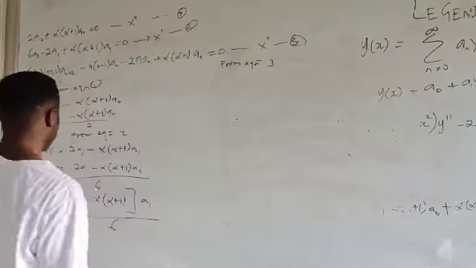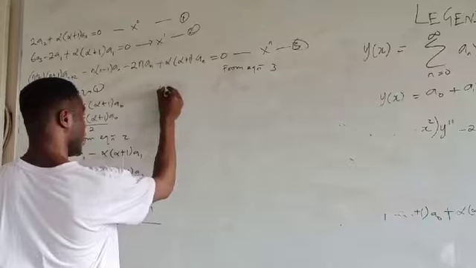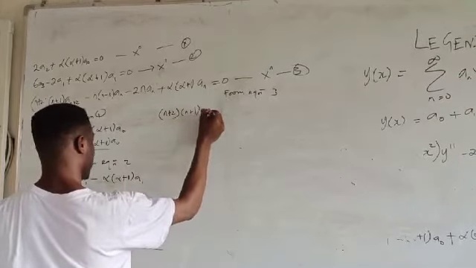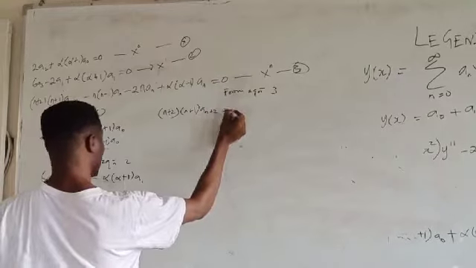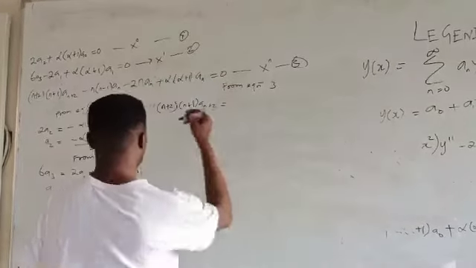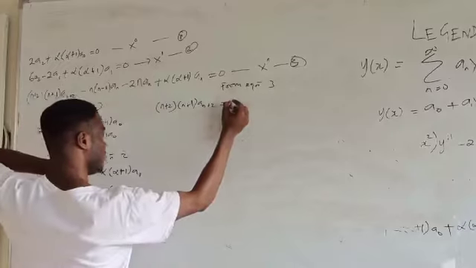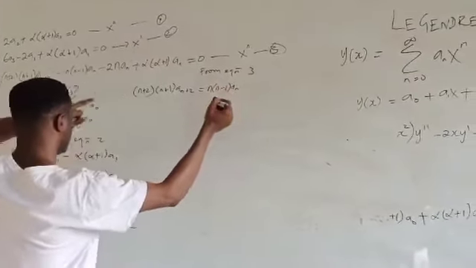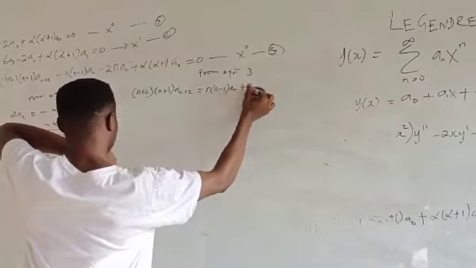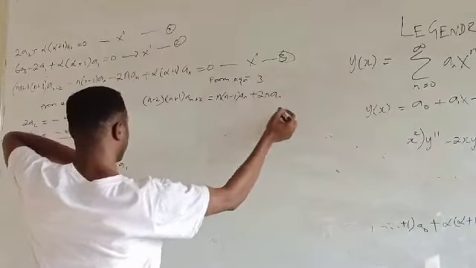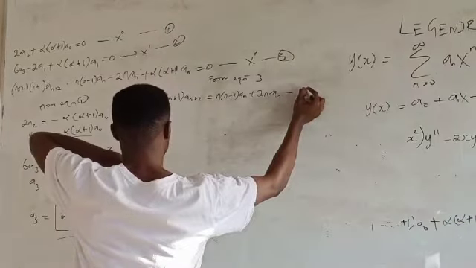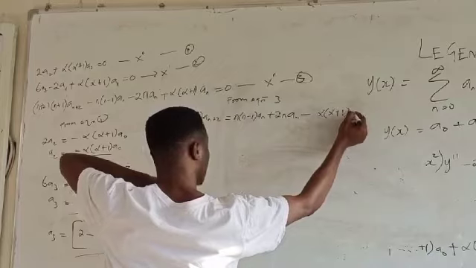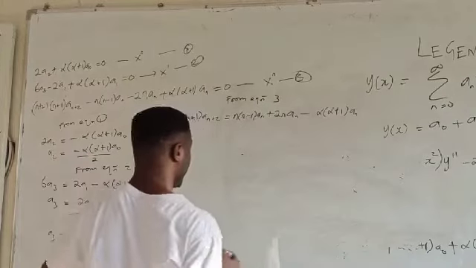So we say n plus 2 brackets n plus 1 a subscript n plus 2 is equal to, taking this over, n brackets n minus 1 a subscript n plus 2n a subscript n negative alpha bracket alpha plus 1 a subscript n.